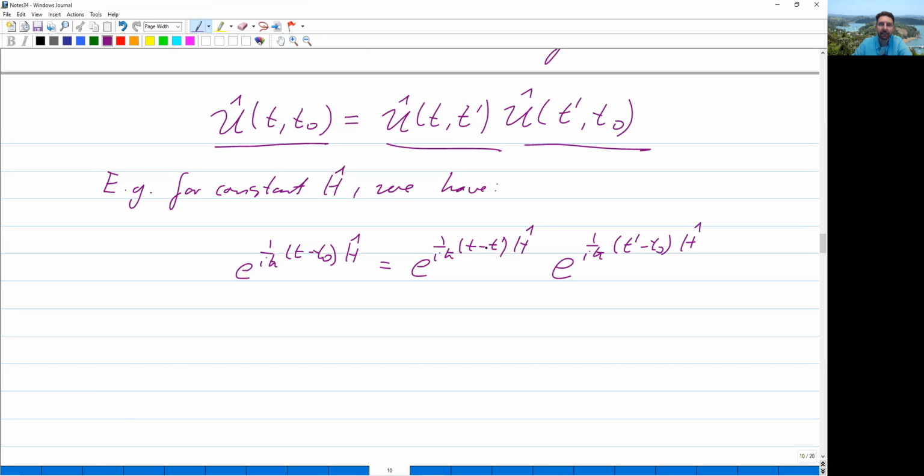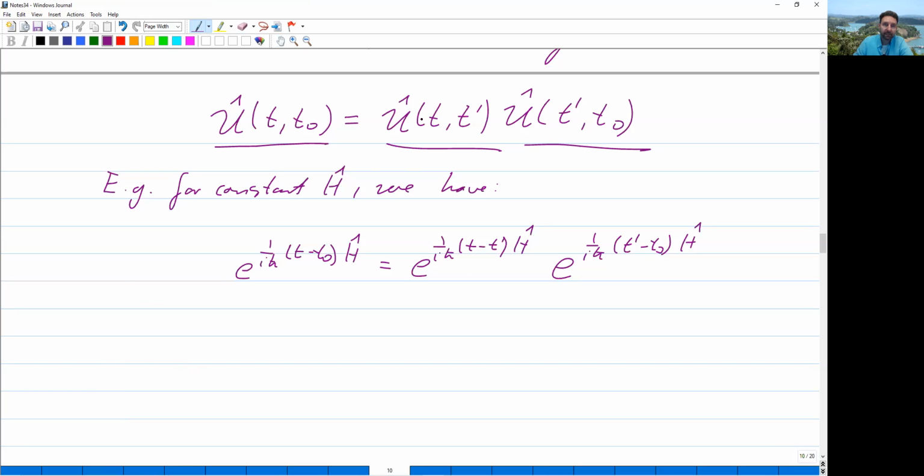And then we see that the e to the power of 1 over iħ minus t prime Ĥ cancels the e to the power of plus t prime Ĥ, and we're just left with this. All right, but it's of course generally true, even when the Hamiltonian is time dependent, but then you have to work with the time ordering operator, and the time ordering operator will make sure that this is the sequence in which the unitaries have to be written.